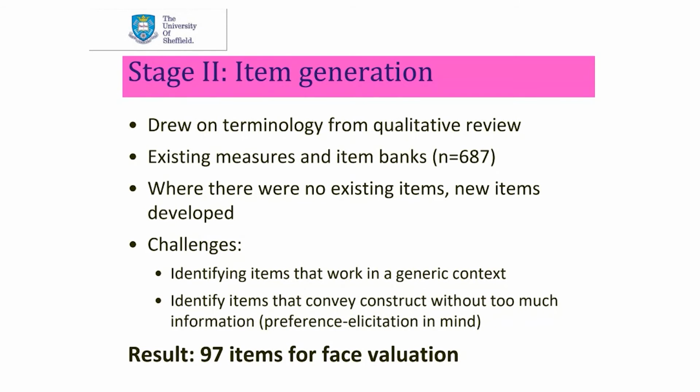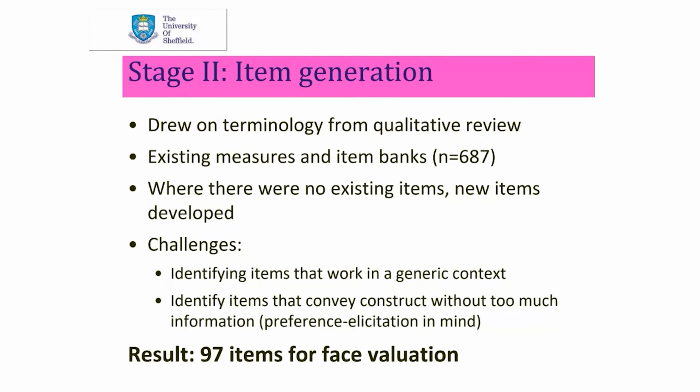And we put these items through a set of agreed criteria to provide an initial selection to get us down to a reasonable number to then take forward to the validation phase. And obviously the challenges were to make sure we had items that would work in a generic context, that weren't too specific to a particular condition. And also we wanted items that convey the information that we needed people to know, but not providing too much.